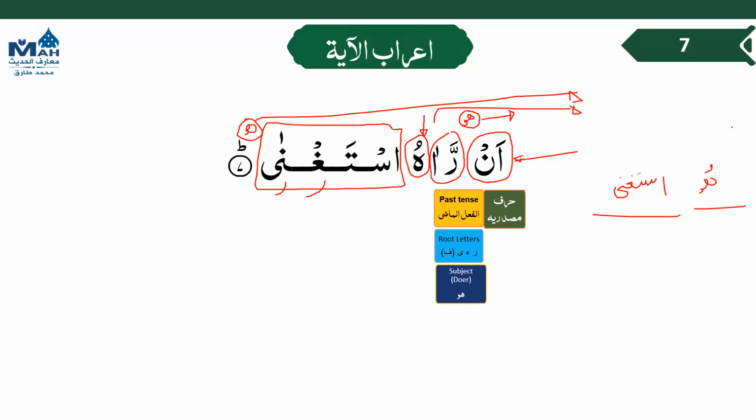Now we want to put ra'a as fi'l, and we want to make this full sentence the maf'ul of ra'a. How will we do it? Do you know the use of ja'ala yaj'alu? Maybe I taught you.